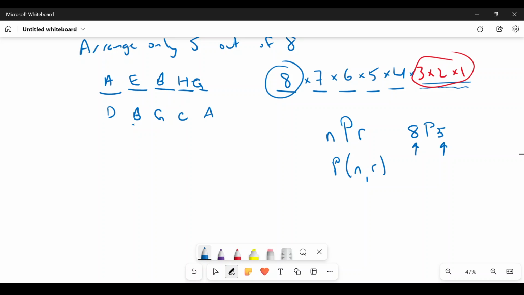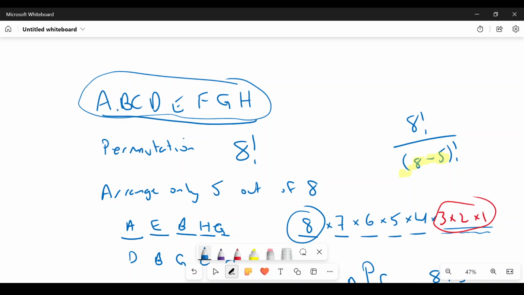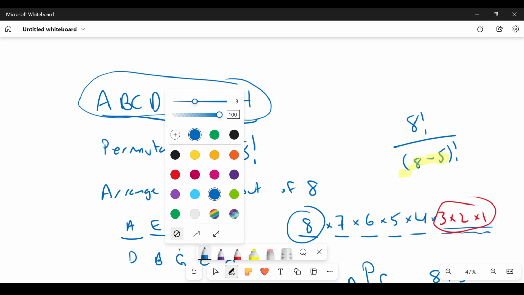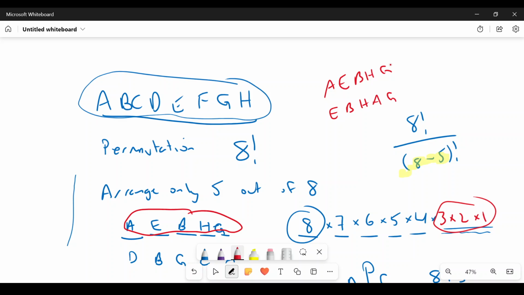What we need is the next step from this, which is if we go back up to our 8 objects, I have 8 objects. They're all different. What if I wanted to select 5 of them, but I don't care about the arrangement? So for example, if I selected A, E, B, H, G, it doesn't matter if I selected A, then E, then B, then H, then G, or if perhaps I did E, B, H, A, G. I would consider those to be the exact same selection.